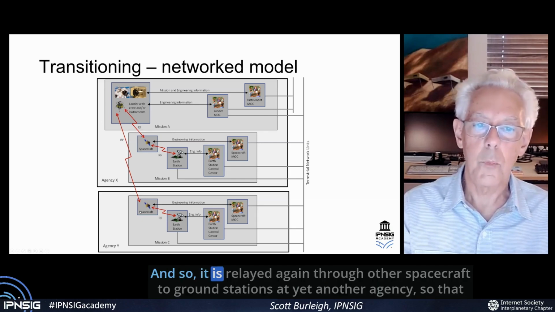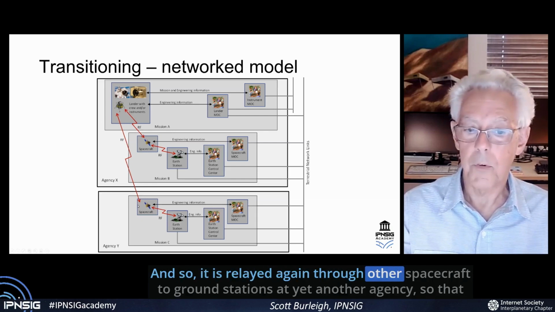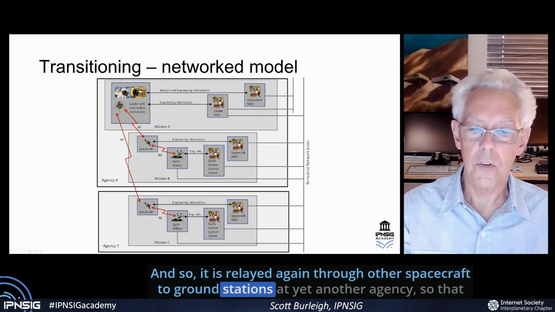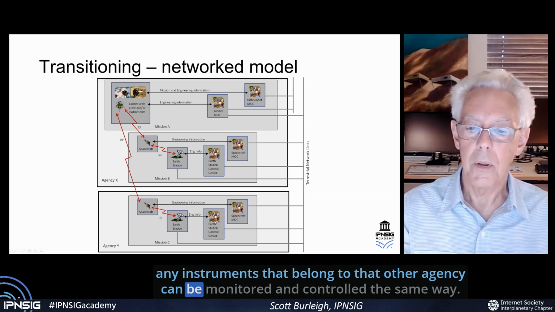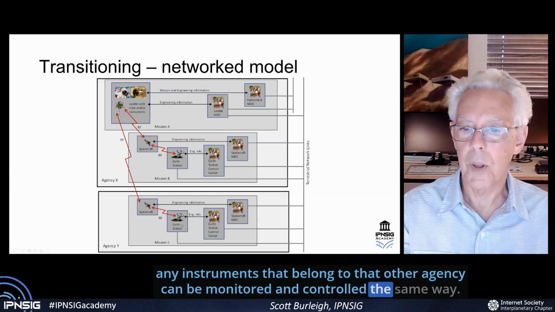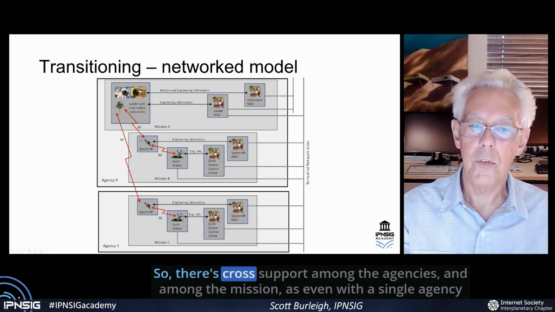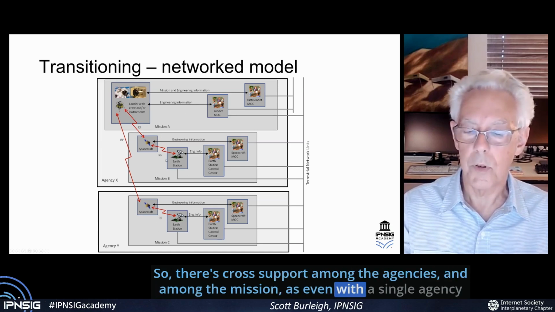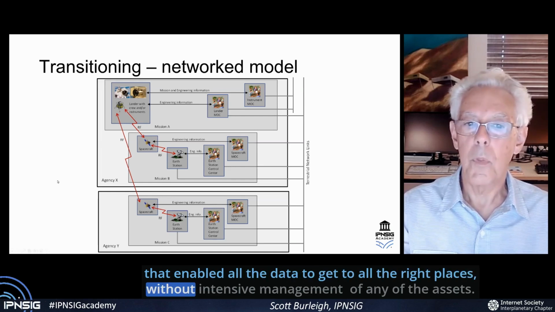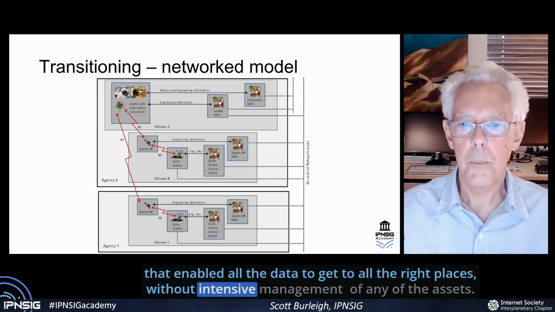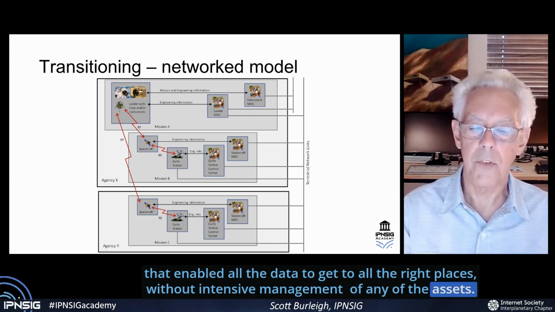And some of it is relayed again through other spacecraft to ground stations of yet another agency, so that any instruments that belong to that other agency can be monitored and controlled the same way. So there's cross support among the agencies and among the missions, even with a single agency, that enable all the data to get to all the right places without intensive management of any of the assets.